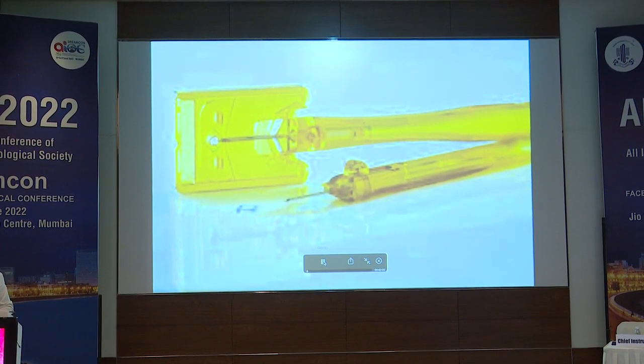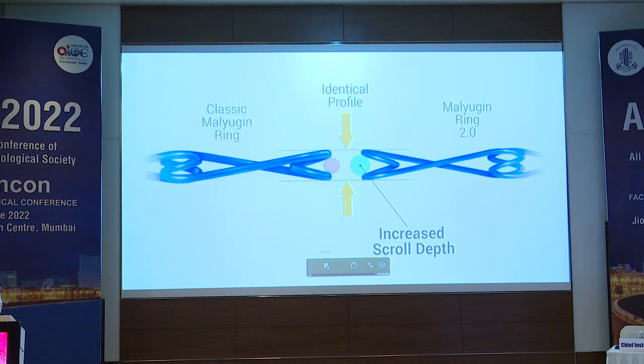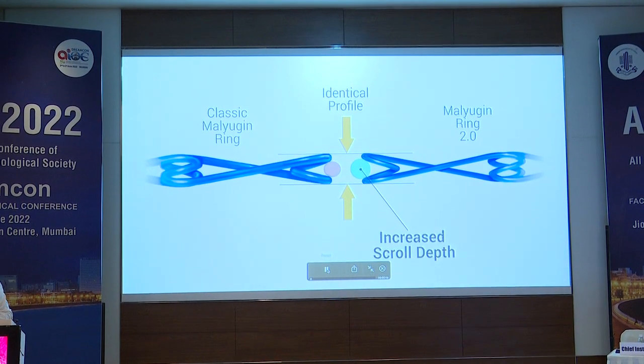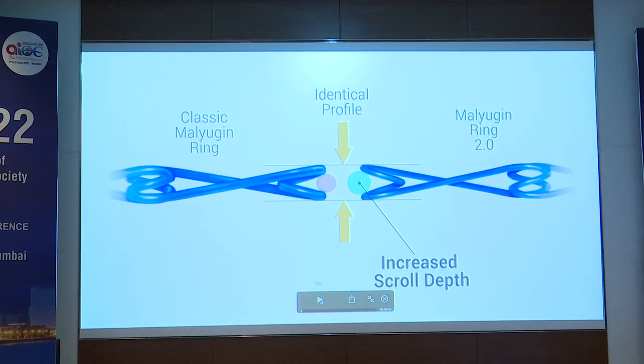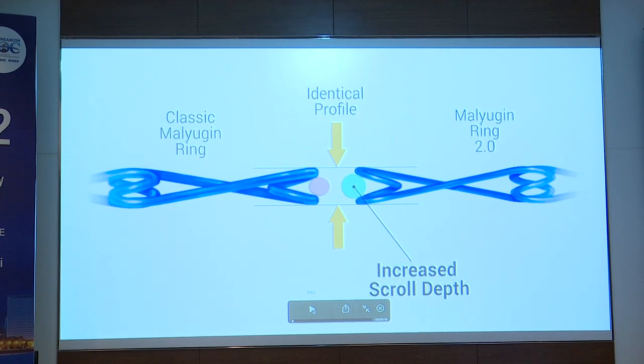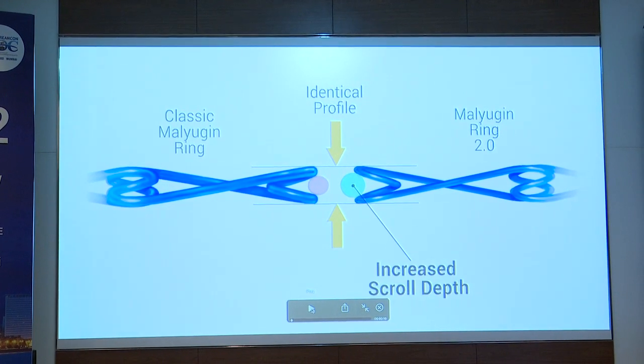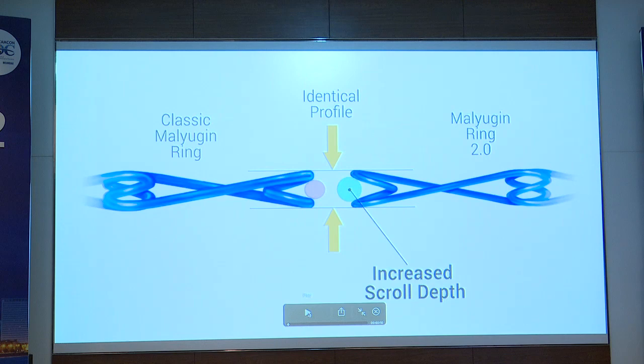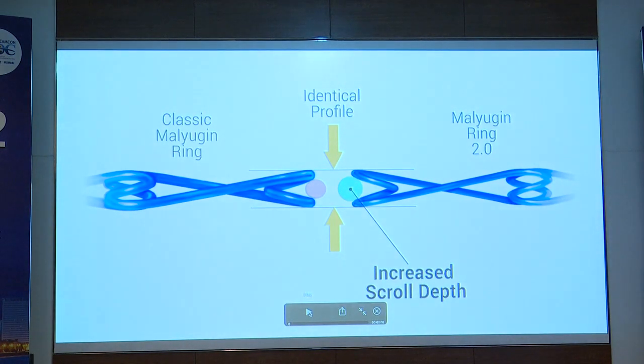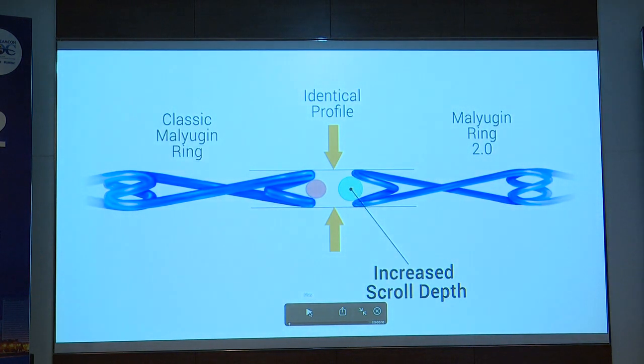So this is the Malyugin ring, which comes in this casing here. It had an original version which used to go through a 2.4 millimeter incision, and now we have a 2.0 version available.